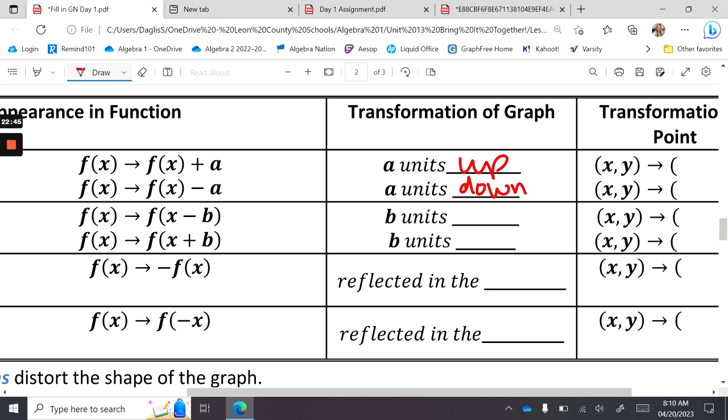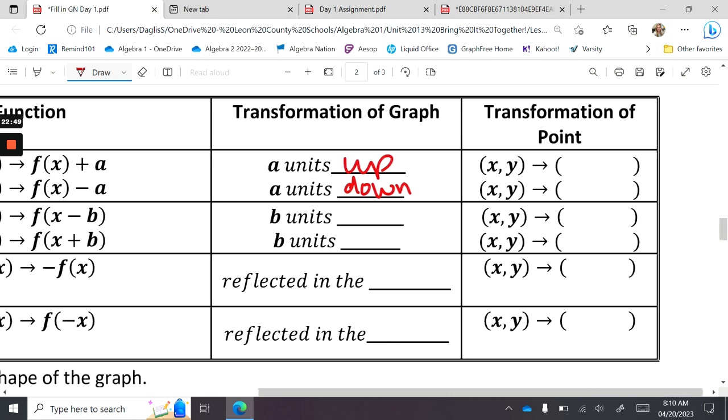Having a minus a on the end will always move it down, no matter what kind of function we are working with. So if you pick a point and you want to move it a certain way, your x is going to stay the same. Your x will never change. If I'm moving up, we're going to do the y value and add my a to it. If we're moving down, again, my x does not move, but my y goes down those a points.